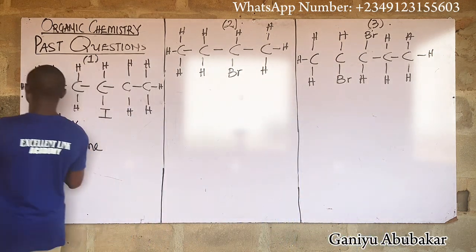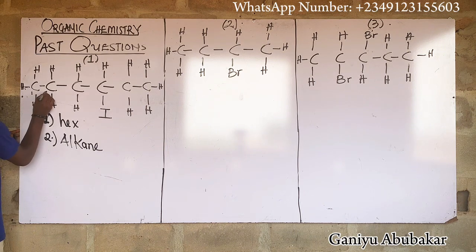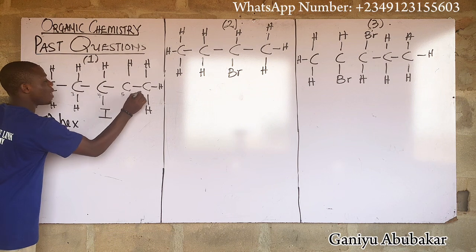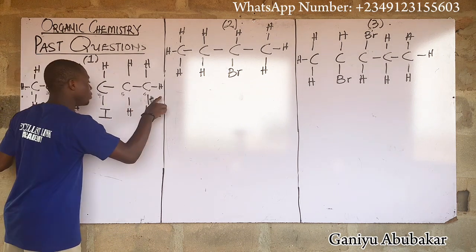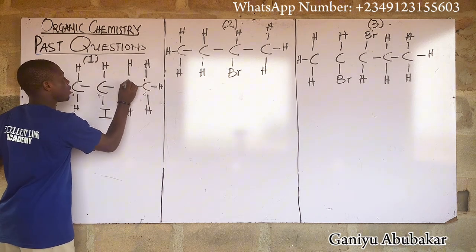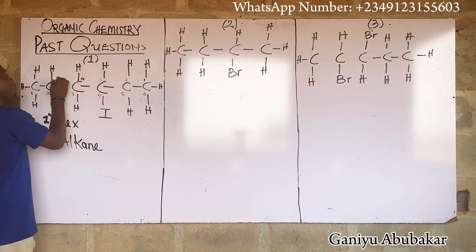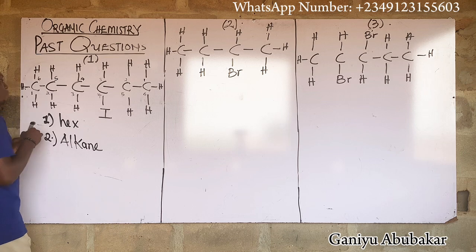Let's do my upper numbering, I'll have 1, 2, 3, 4, 5, 6. Lower numbering, this is carbon 1, carbon 2, carbon 3, carbon 4, carbon 5, carbon 6.